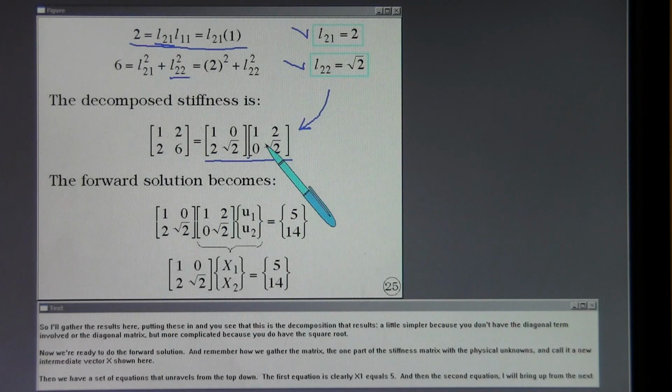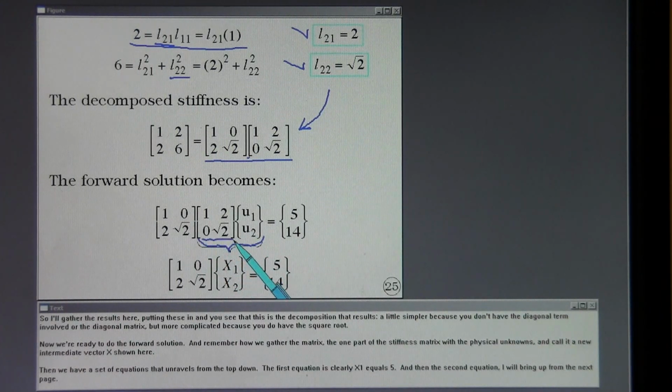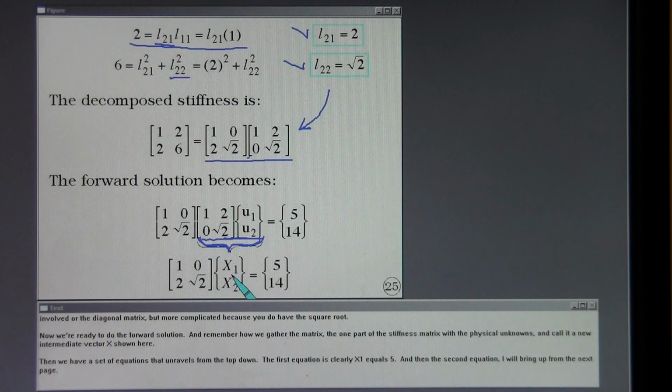Now we're ready to do the forward solution, and remember how we gather the one part of the stiffness matrix with the physical unknowns, and call it a new intermediate vector x, shown here. Then we have a set of equations that unravels from the top down. The first equation is clearly x1 equals 5.